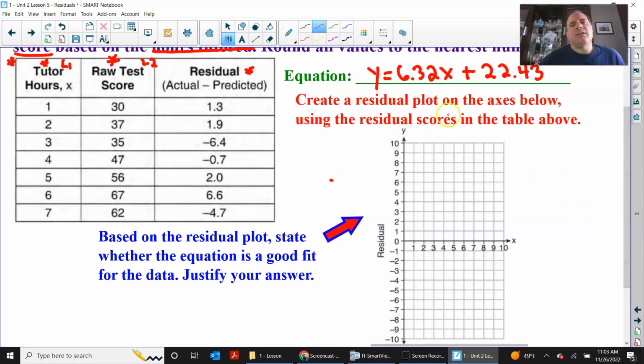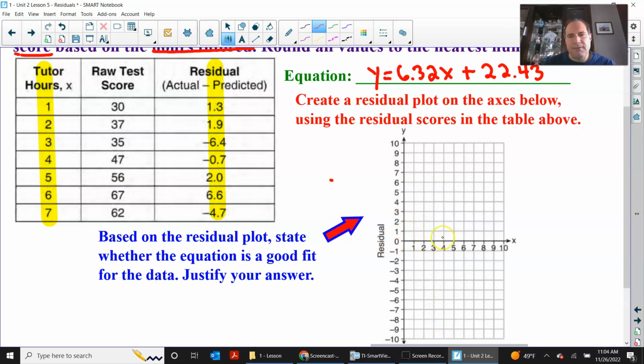So it says create a residual plot based on the axis below. Just remember, when you're putting that residual plot together, you're taking this right here. Let me highlight it again: the x, the tutored hours, and the residual. It's really nice of them to put the residuals and the numbers together for you.